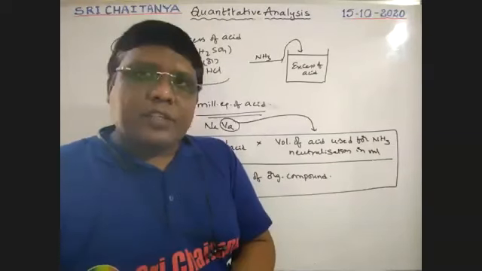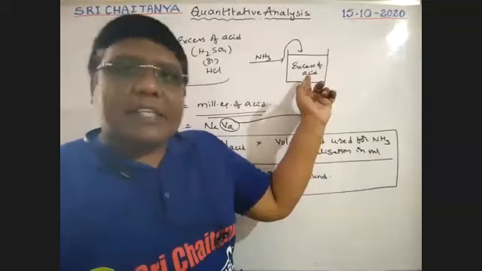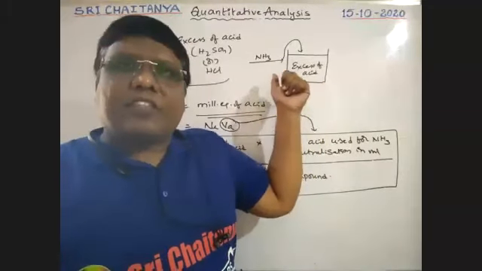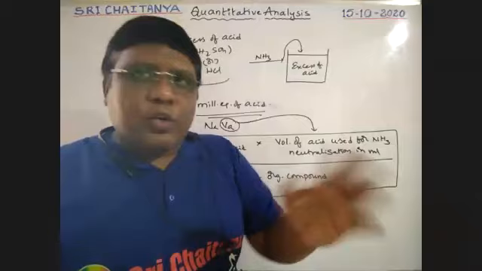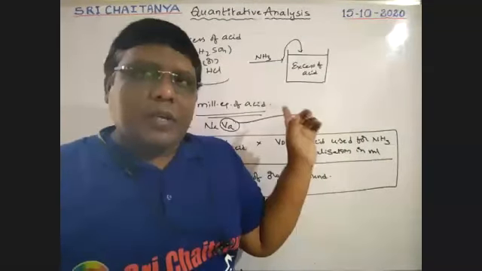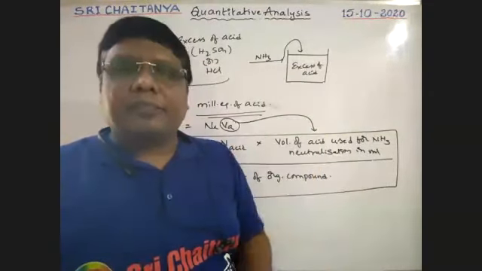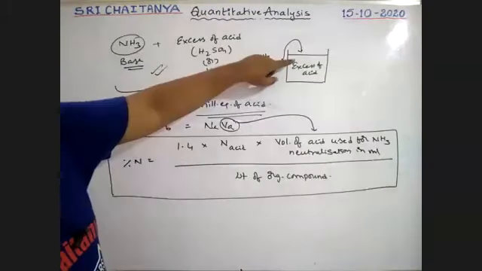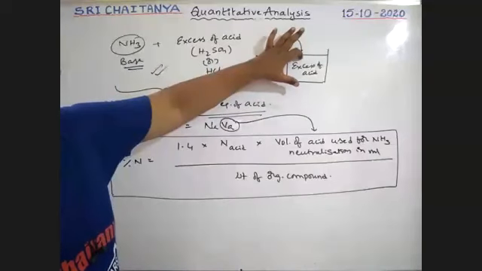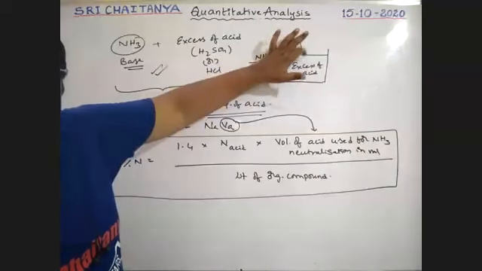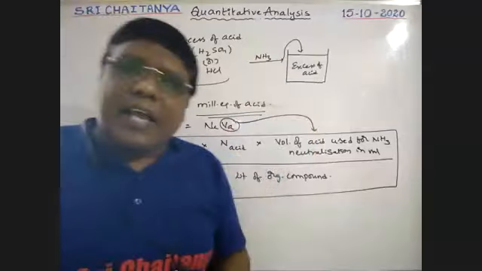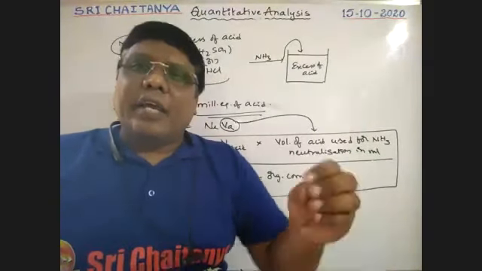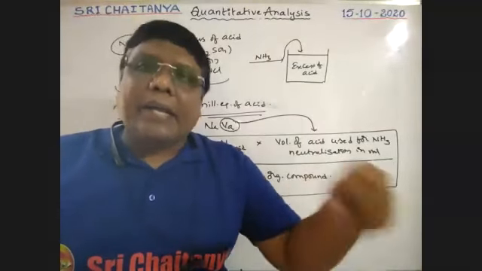Did you catch my point? Some of the acid reacts with ammonia and neutralization takes place. We don't know how much acid is used for this purpose, but something is reacted. Now this contains unreacted acid. How much unreacted acid is there? That unreacted acid is to be found out with the help of a base like NaOH by back titration.